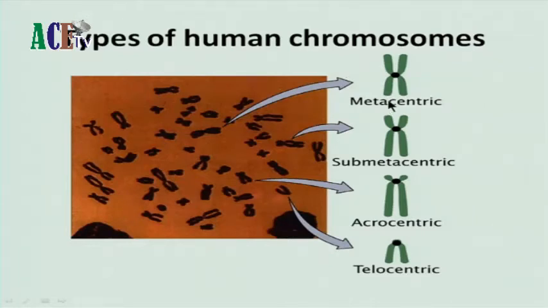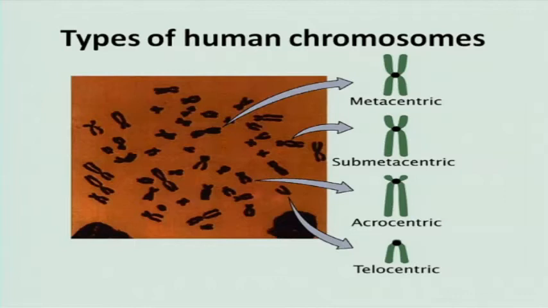You have those that are metacentric. Metacentric, they have their centromere at the center, giving us a V shape. Then you have those that are submetacentric, whereby you have one short arm and one long arm, so you can have them as a J shape or L shape.